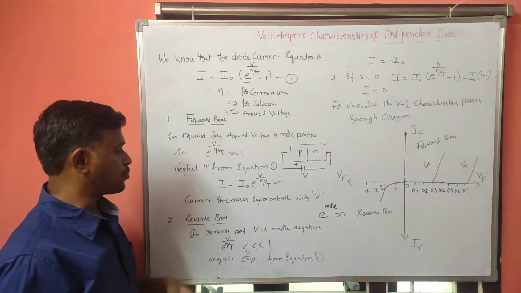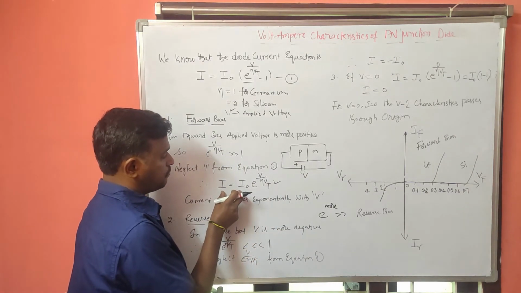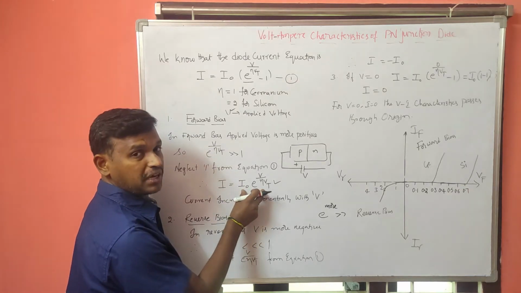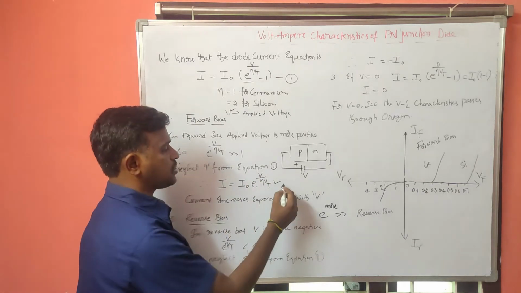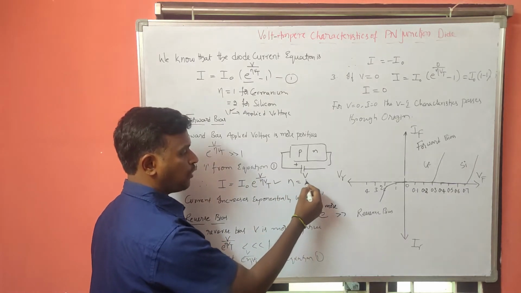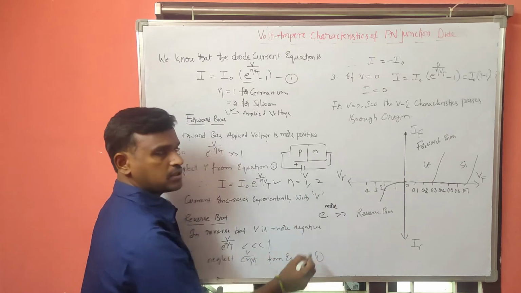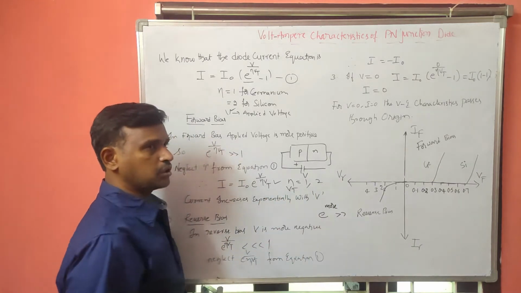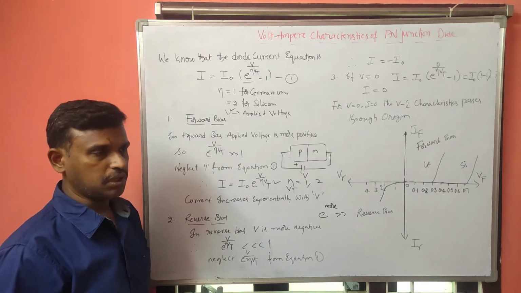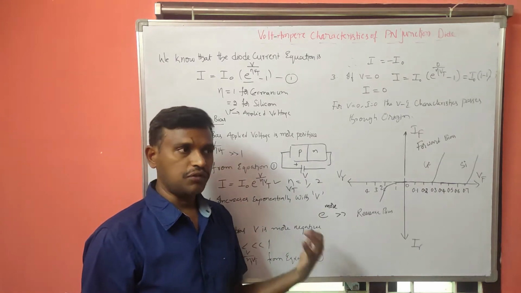So that is the equation we got. From this, if we observe, I is equal to I naught e power V by neta Vt. Here neta is constant. Neta is equal to 1 for germanium and 2 for silicon. And Vt is also a constant value. It depends on temperature, but if the temperature varies, Vt will vary.